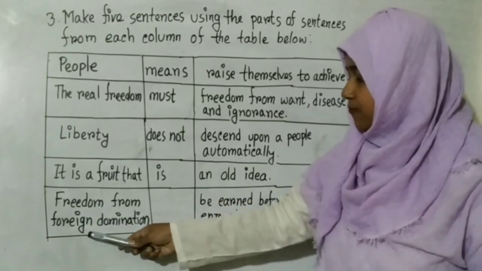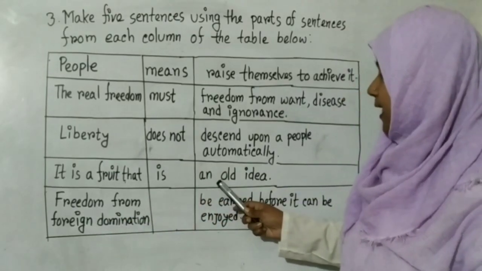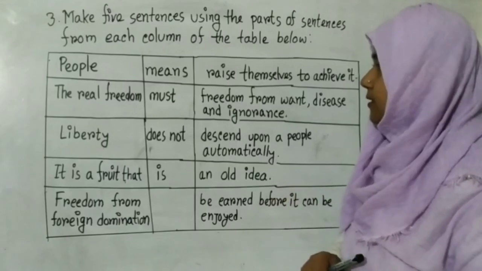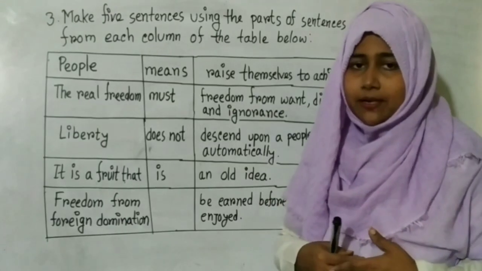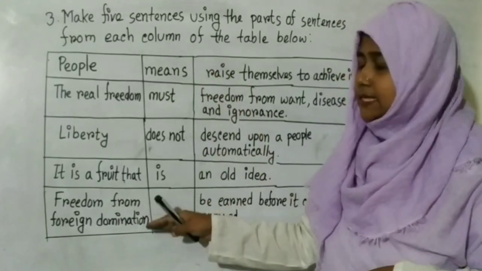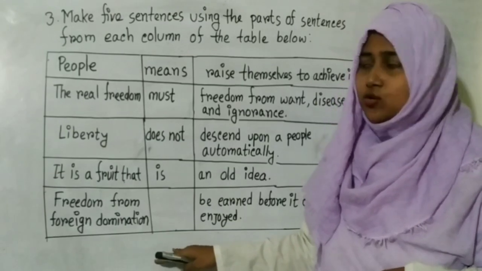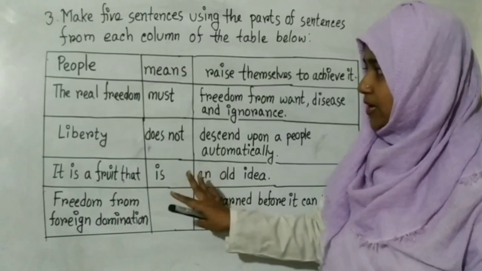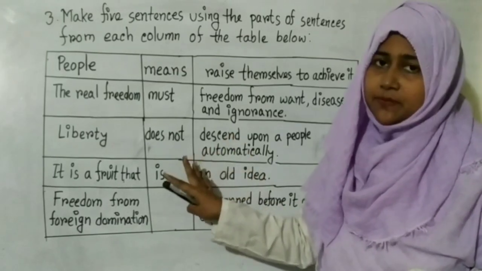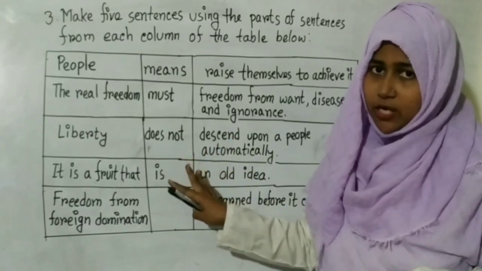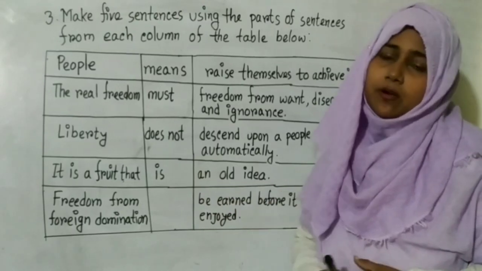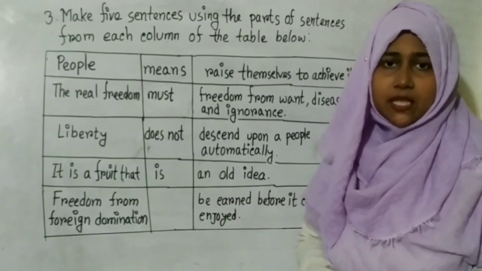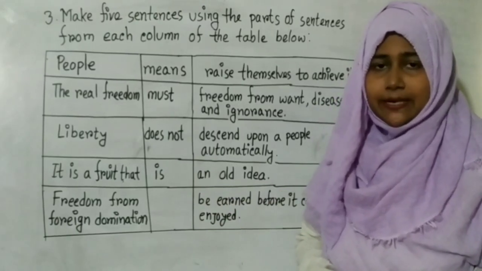Freedom from foreign domination is an old idea. This is how you can complete 5 sentences. So dear students, whenever you follow these grammatical items and sentence structure, you are able to write 5 sentences correctly.